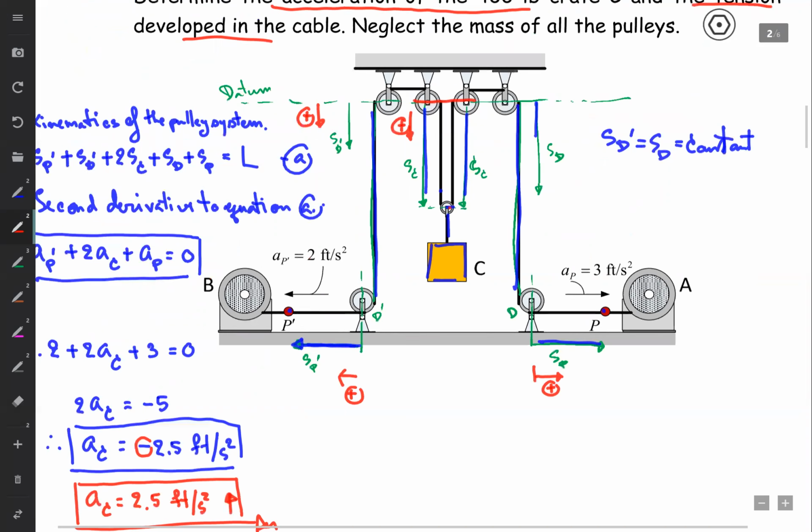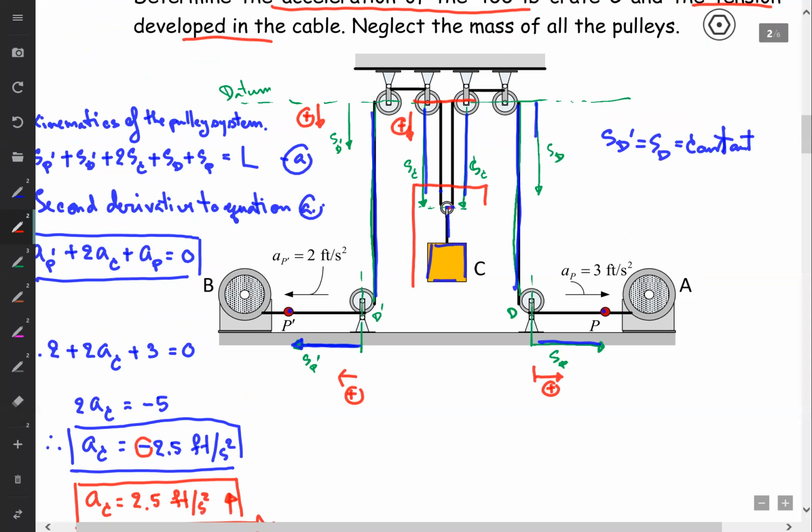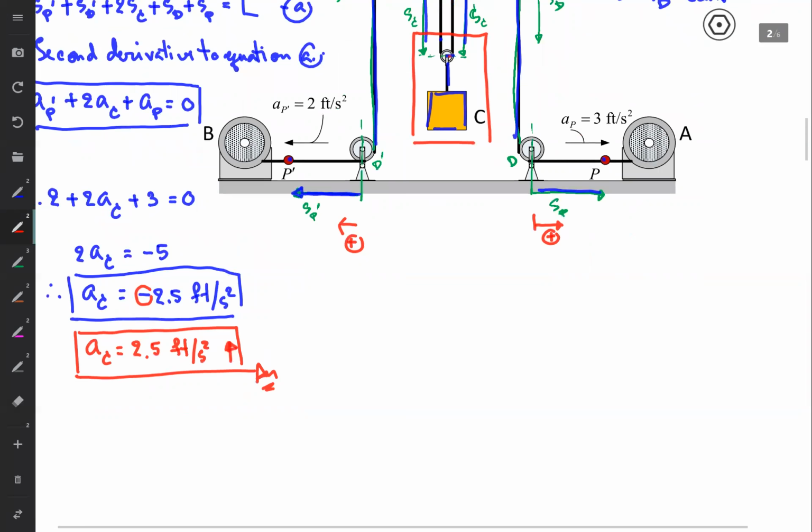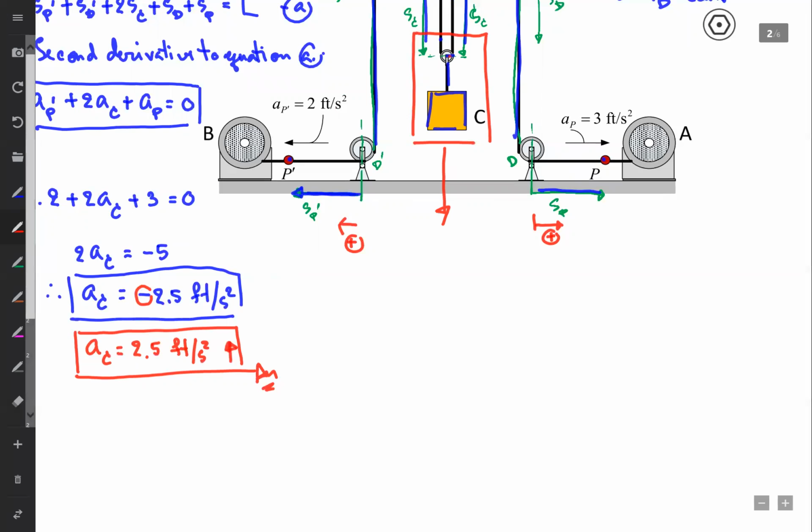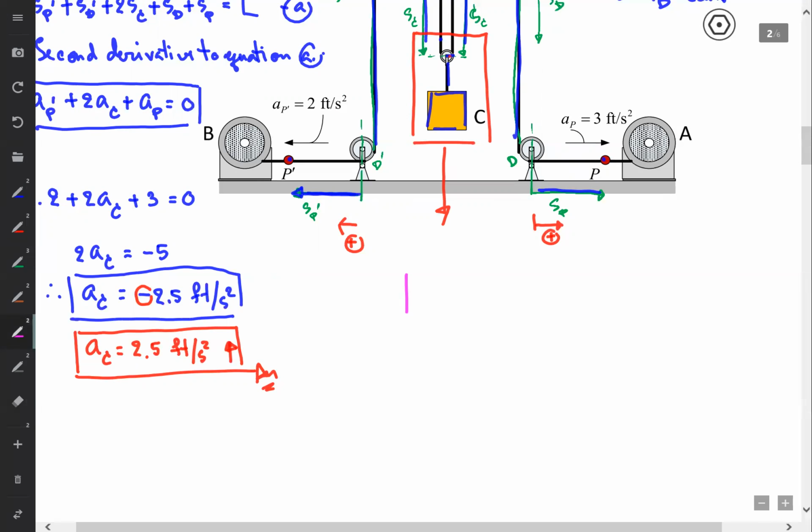So we have to consider the free body diagram of the crate. We draw the free body diagram and obtain it like this. This is the crate, connected with the cable.